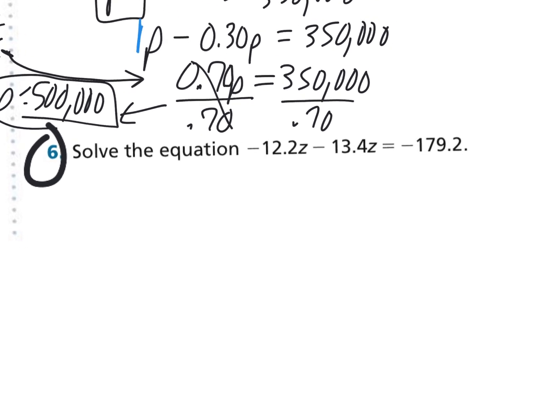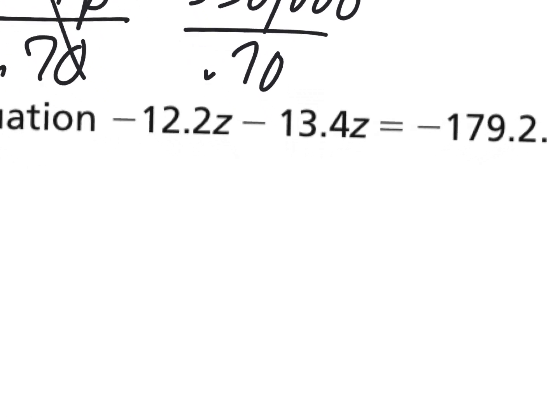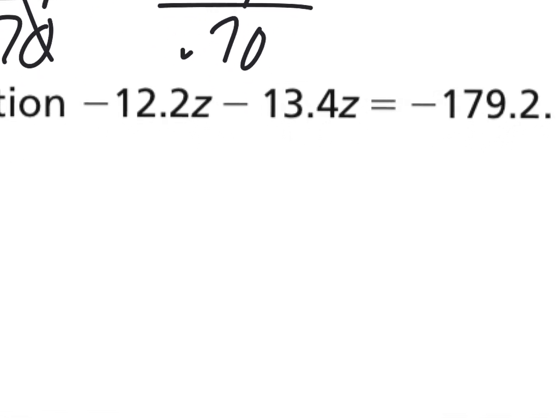Look at number 6. In order to solve this equation, we've got subtraction going, so we may want to go ahead and add the opposite here again. Change subtraction to addition. Opposite of 13.4 is negative 13.4. So now that we've added the opposite, we have like terms here that we can combine together.